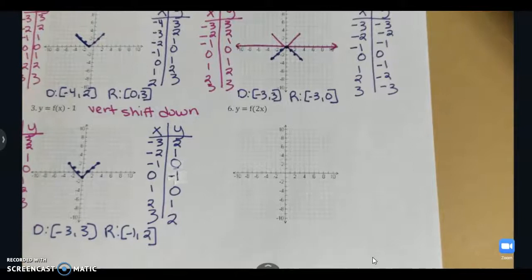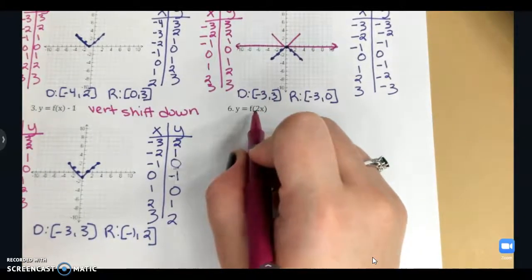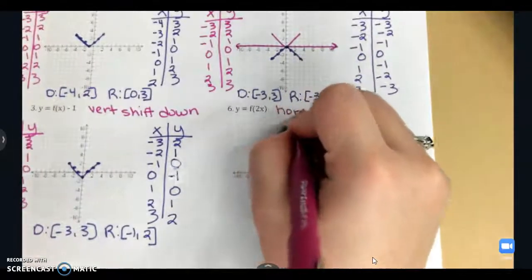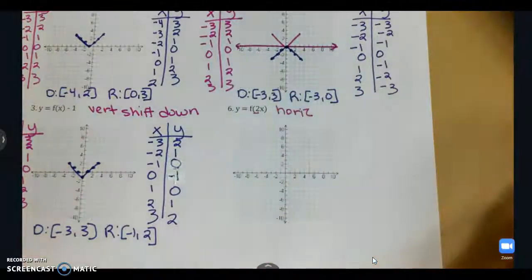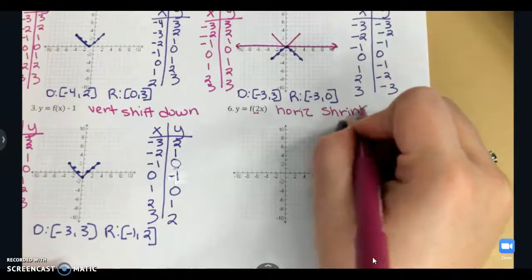Now we're going to get into some stretches here. I have 2 on the inside of my parentheses being multiplied, so that's going to be a horizontal stretch or shrink. And then because this number is greater than 1, it's going to be a shrink. So this is a horizontal shrink.